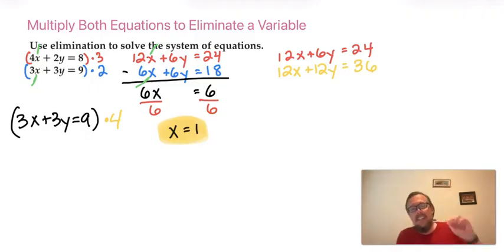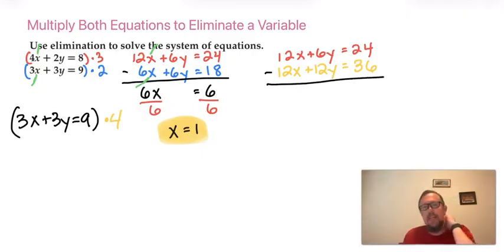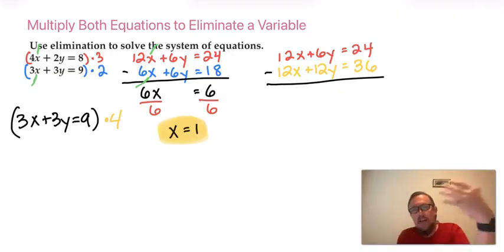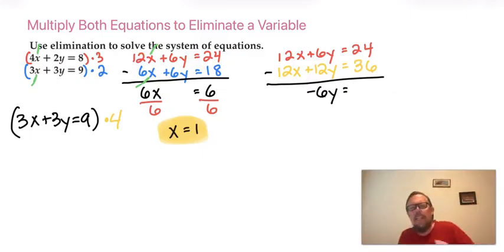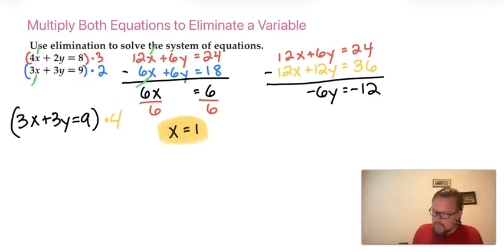And now our x's have the same coefficient, which means if we subtract these equations, the x's will eliminate, leaving us with just y's. So 12x minus 12x is 0. 6y minus 12y is negative 6y. And 24 minus 36 is negative 12. And so the division property of equality gives us y equals 2.